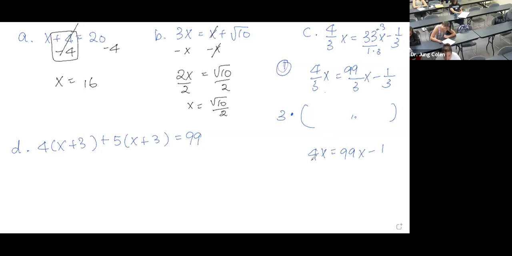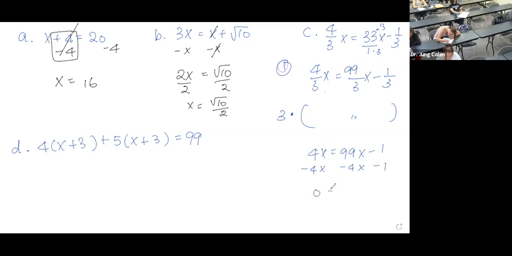So would you like to take away 4x or 99x? 99x, you can do that, but you get a negative number there, right? So for me, it's okay, still good. But for me, I like positive numbers, so I can take away 4x instead. It's still okay. Let's see what happens then.